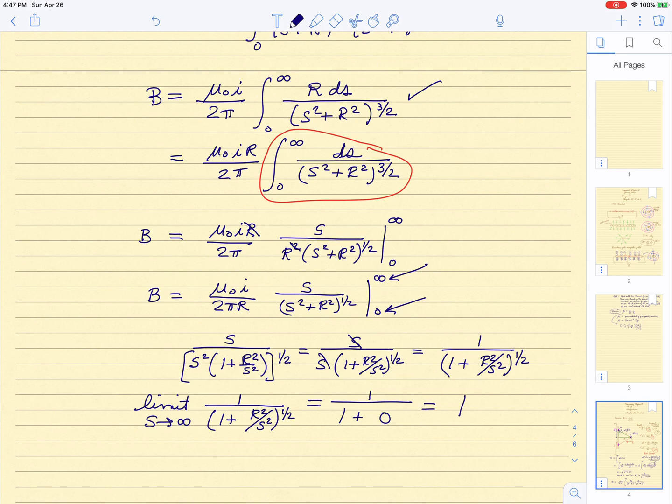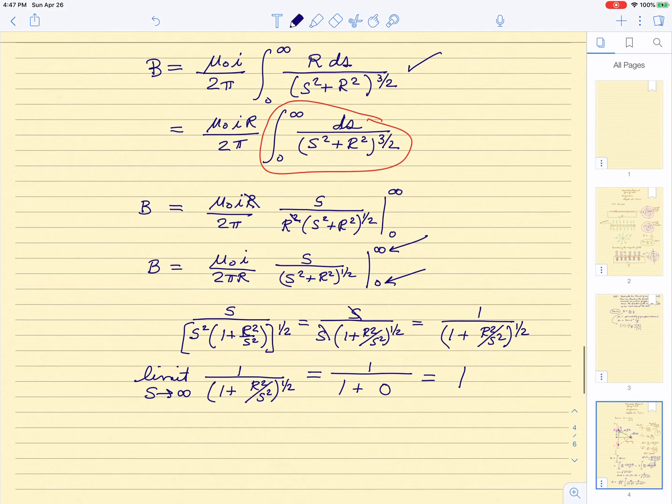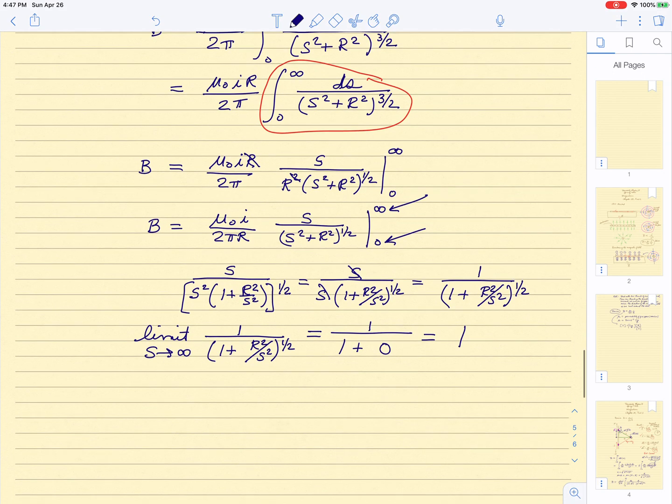Mathematicians would cringe here, but that's the limit as s goes to infinity. So then what we have here is B is equal to mu naught I over 2 pi r, times 1 minus 0 when we take into account the limits of this part of the integral.